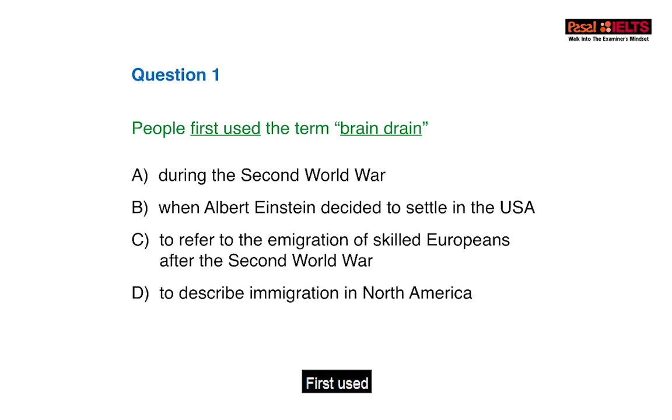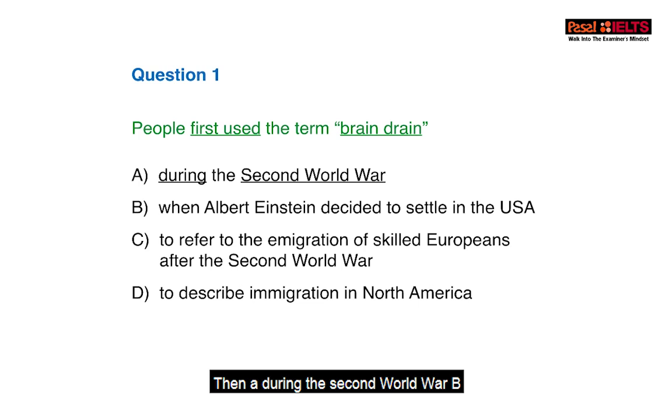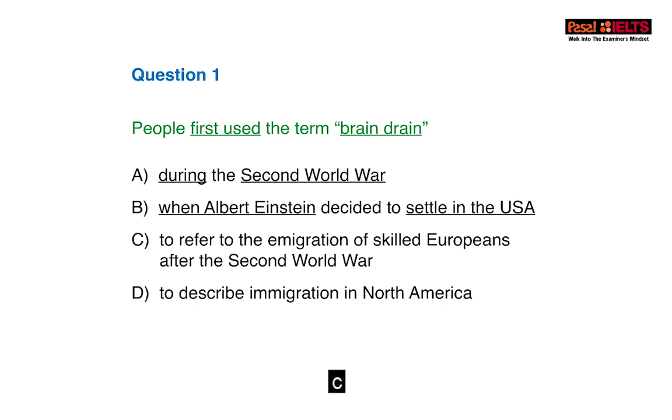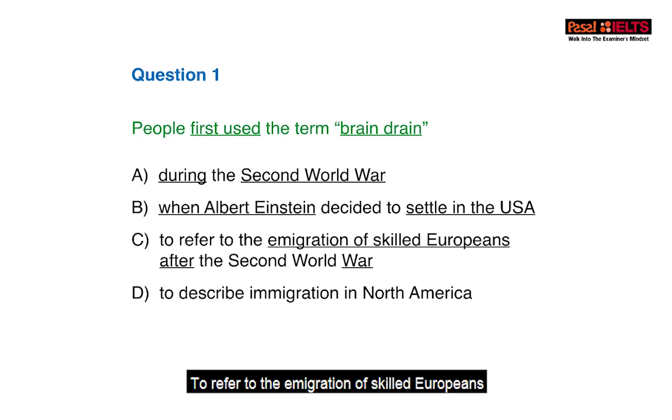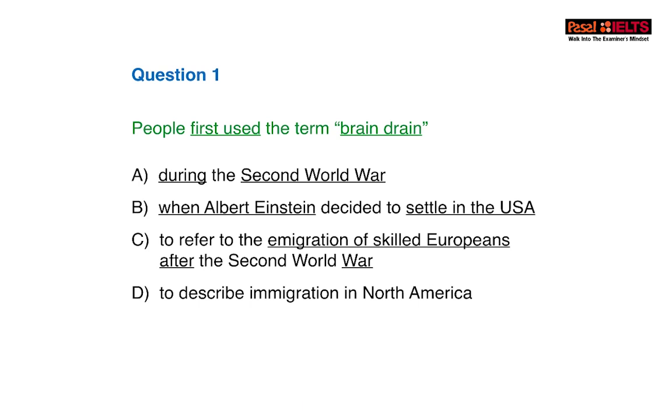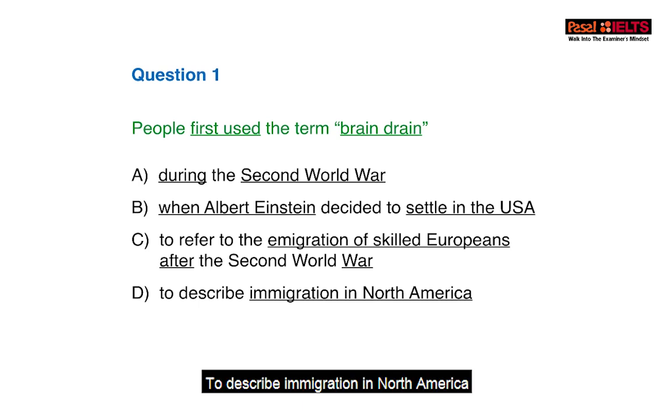First used brain drain. Then A, during the Second World War. B, when Albert Einstein decided to settle in the USA. C, to refer to the emigration of skilled Europeans after the Second World War. And D, to describe immigration in North America.